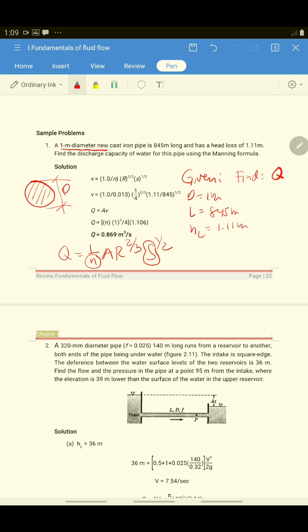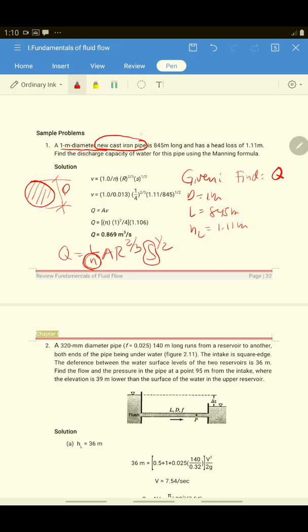For the N value, we can determine this by looking at the type of material of the pipe. It is mentioned that the pipe is a new cast iron pipe. So we can get the value of the roughness coefficient for a new cast iron pipe. There are tables, no, for that value.